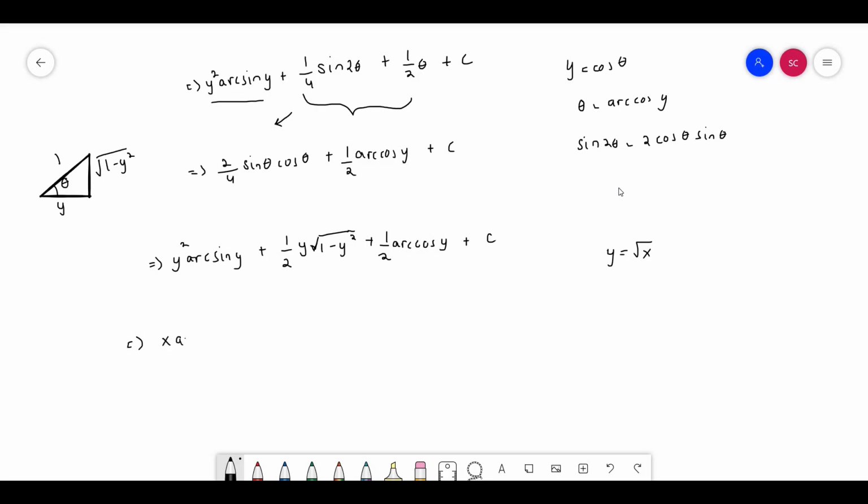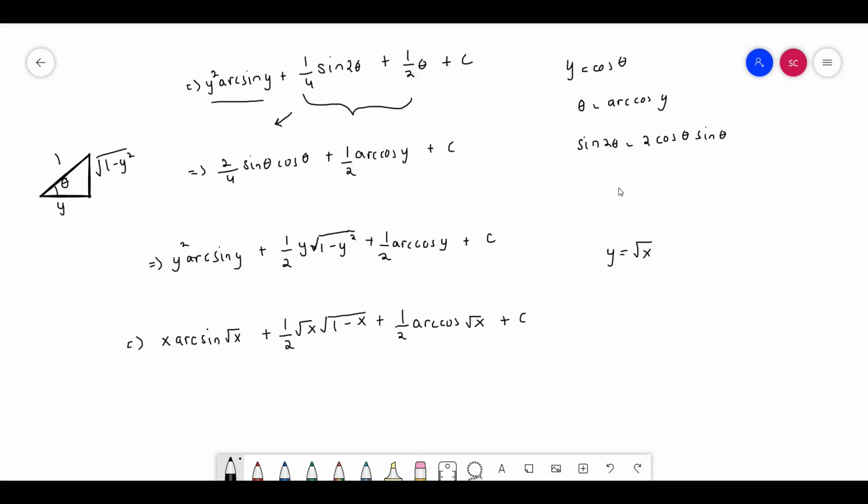So it becomes x times arcsin root x, right? And this is just half into root x, and then the square of root x is just x, so half into root x times the root of 1 minus x. Then this just becomes half arc cos root x plus c.